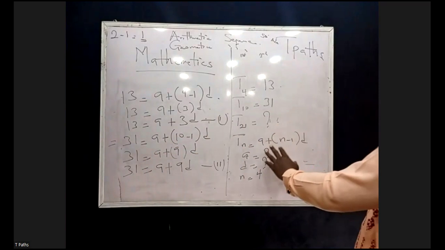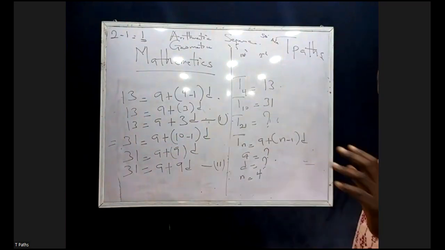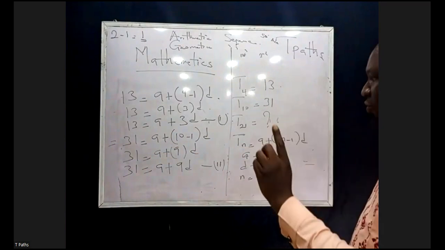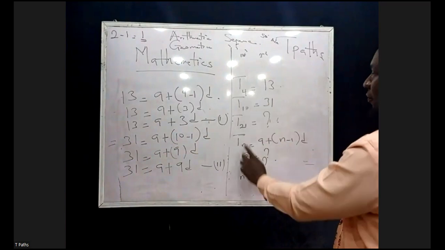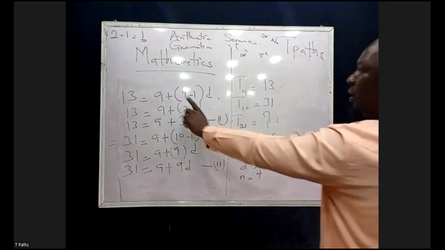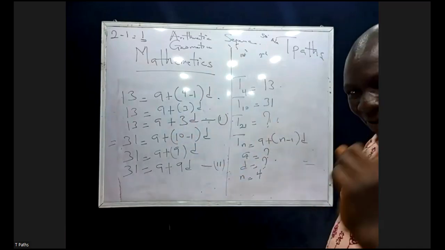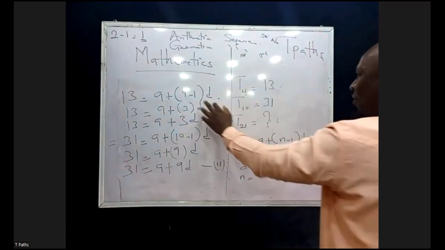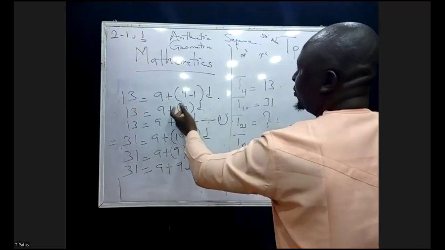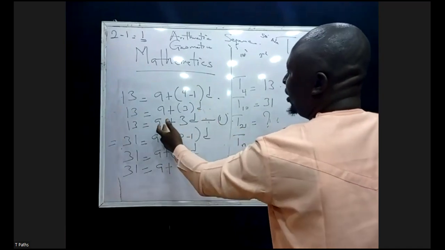The first one, we got equation 1. We said our Tn, which we all agree, equals A plus (n minus 1)D. Now in the question, we're given T4, which is 13. We're not given A, but we know that our number of terms is 4, so 4 minus 1, D. When you do your mathematics, you have 13 equals A plus 3D.